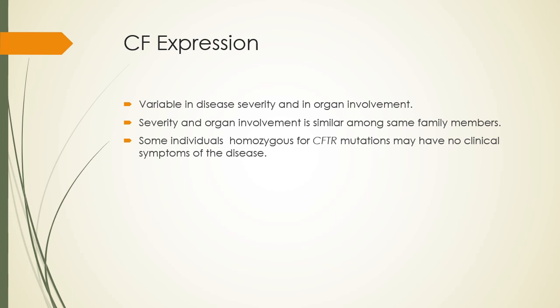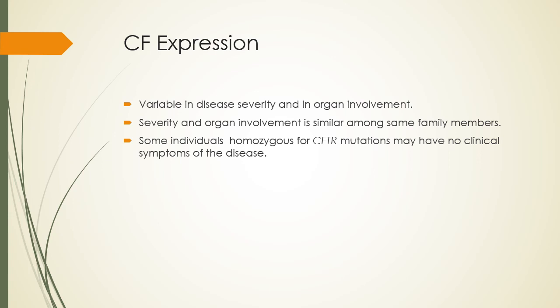And so the latest research also shows that some mutations of CFTR gene can lead to no obvious expression, and by mutation I mean homozygous mutation, like both alleles are affected.